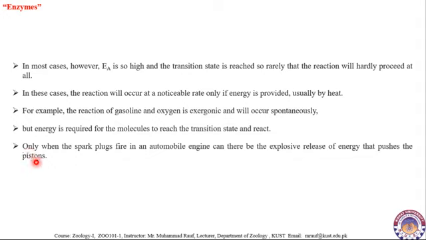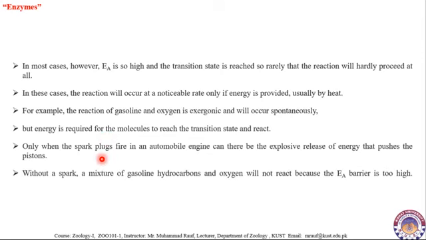So although the breakdown of gasoline is itself an exergonic process where energy is released that drives the vehicle, to begin the process some energy input is required. Without a spark, a mixture of gasoline, hydrocarbon and oxygen will not react because the activation barrier is too high.